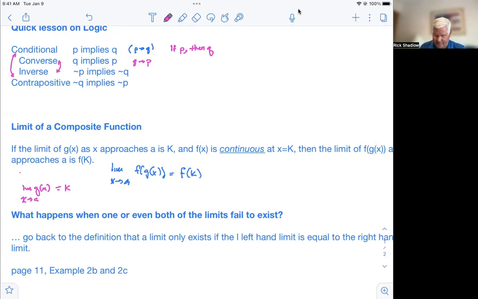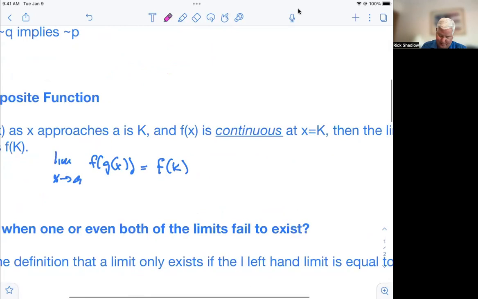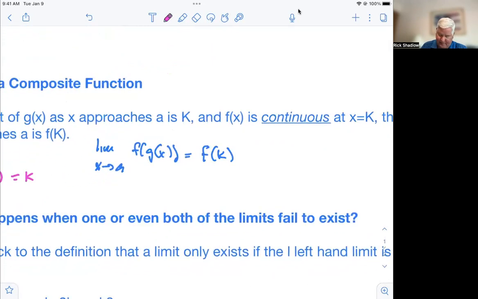But if the function is continuous at k, then the limit of the composite function, a function built with two other functions, f of g of x as x approaches a, is just going to be f of k.